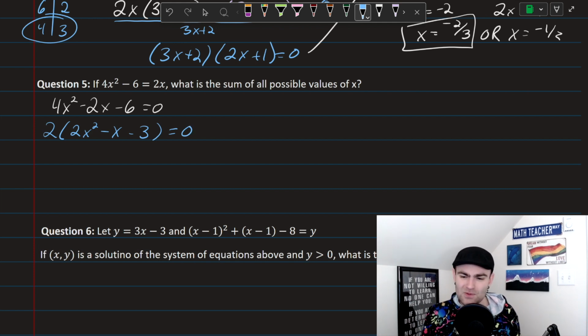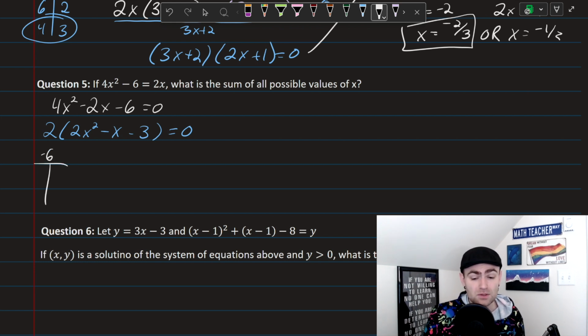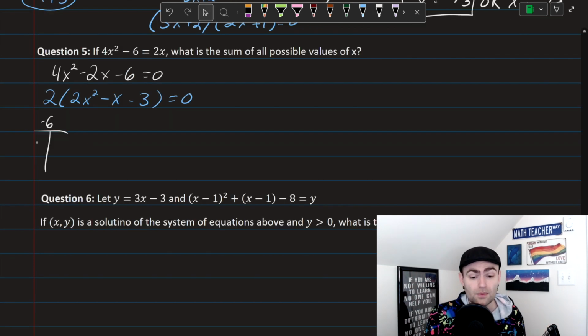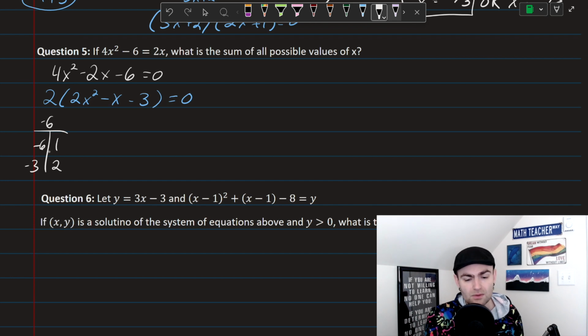And this is not one of those nice simple quadratics. I have to do 2 times negative 3, giving me negative 6. Factors of negative 6 that add to a negative 1, well, that means that I need to have a negative as my quote-unquote larger number, the one that has the largest absolute value. So that would be negative 6 and positive 1, or negative 3 and a positive 2, and it looks like the second one is our winner.